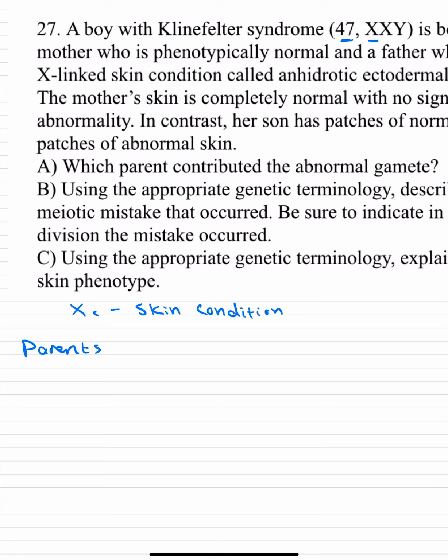We have a mother who is phenotypically normal, so we're going to assume that she's also genotypically normal. And we have a father who has this X-linked skin condition. Coming together, they will then result in having an offspring who has the genotype XCXY.